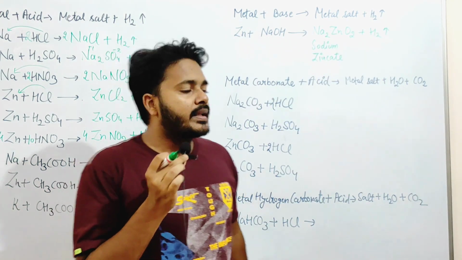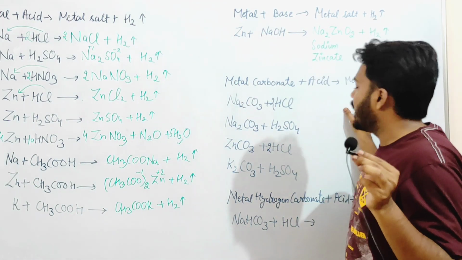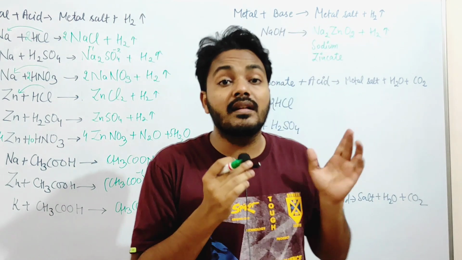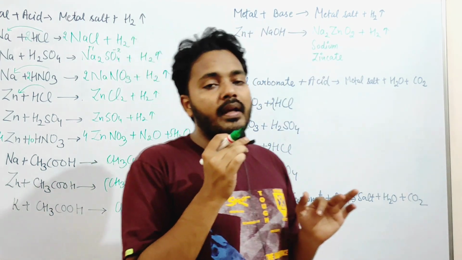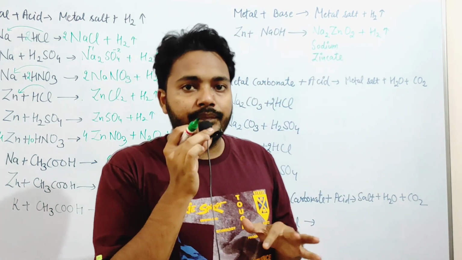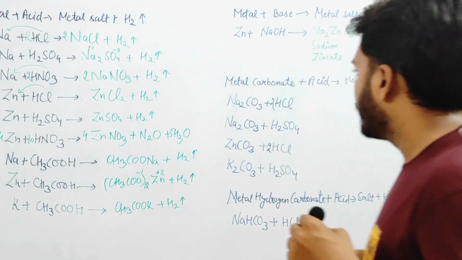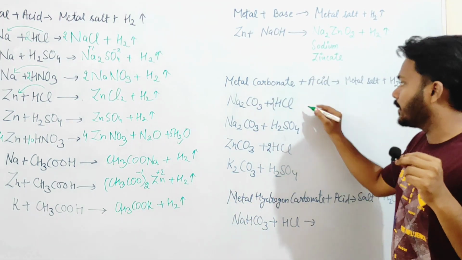Now moving to the metal carbonate with the acid reaction. What are the products? Metal salt, water and carbon dioxide. Metal carbonate is simply prepared by combining carbon dioxide with the base. You will get metal carbonate. Now if I react sodium carbonate with HCl, what will be the product?